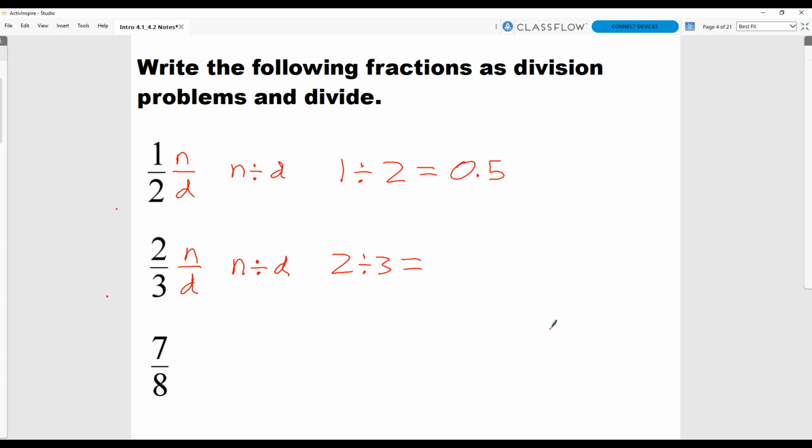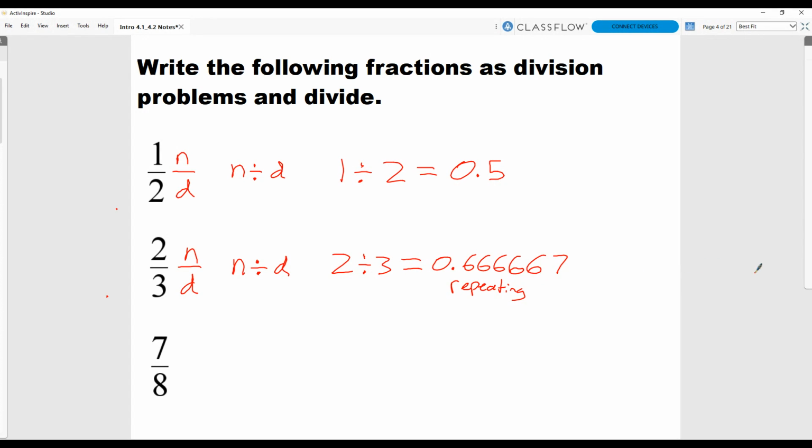Write it out like that because it's easy to get these turned around. So 2 divided by 3, and when you put that into your calculator, you're going to get a long series of numbers repeating. You're going to get a whole bunch of 6s, and then probably somewhere at the end of your calculator, you're going to get a 7, because your calculator rounds up. This would be a repeating decimal, because all we're going to get is 6s forever.